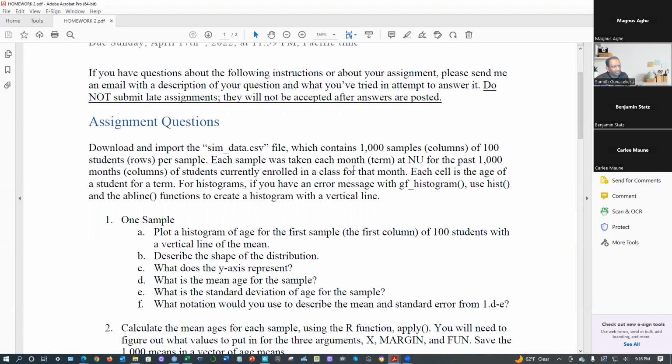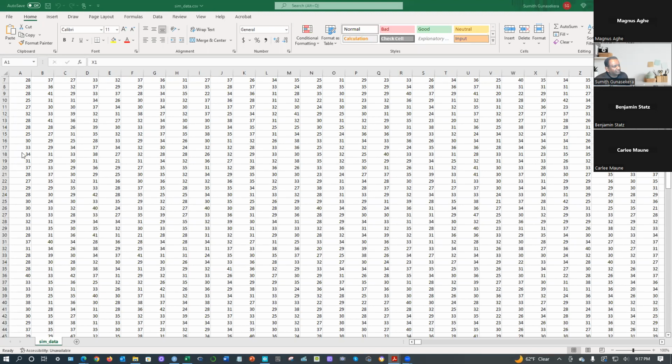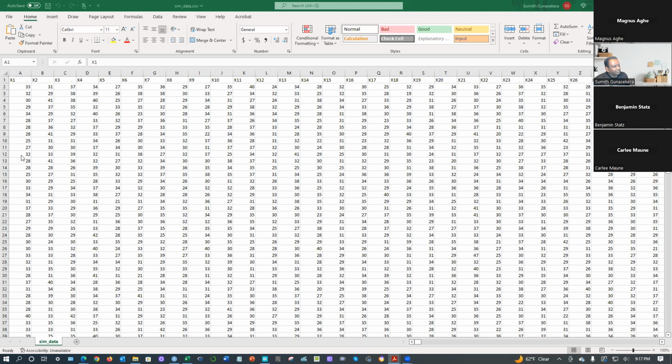Each sample was taken each month for a term at NU for the past 1,000 months, or columns, for students currently enrolled in the class for that month. Each entry is the age of a student for a term, for a histogram. So each sample has 100 students each month. Assume this is hypothetical, something made up.